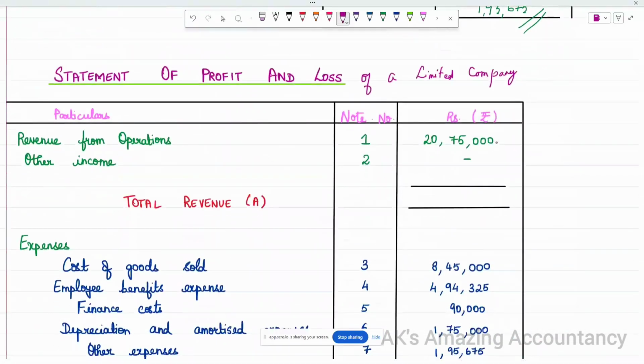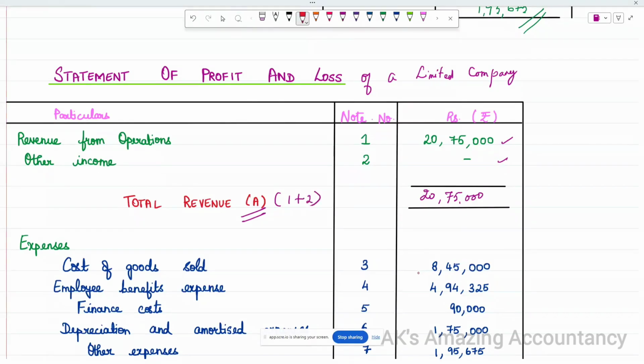Note 1, revenue from operation 20 lakhs 75,000. Note 2, other income nil. The total will be 20 lakh 75,000. This is total revenue, which is nothing but 1 plus 2.